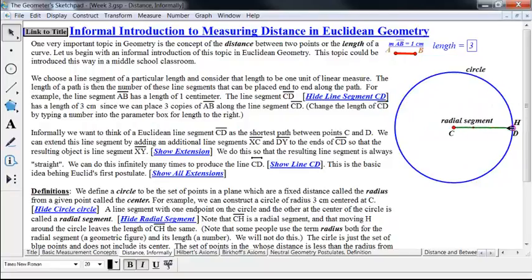Notice that this segment is the same length whether I put it here or any way around. It's the same length as whatever this length is up here in centimeters. At the moment it is 3 centimeters long no matter where I place it. So you can see that the circle is legit in the sense that it is the set of points that are the same distance out.